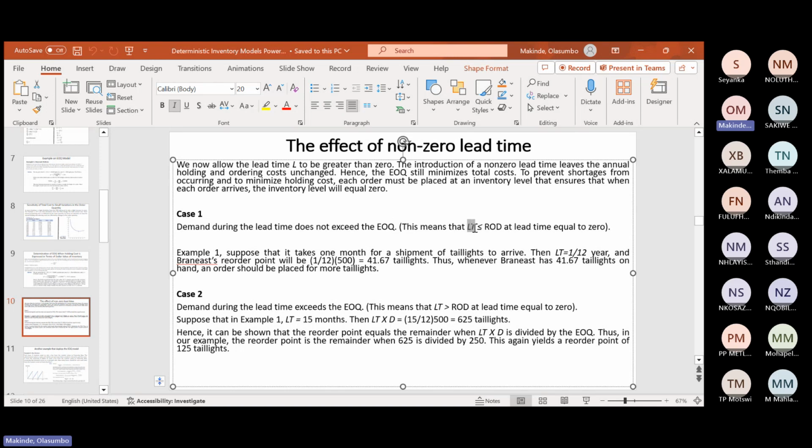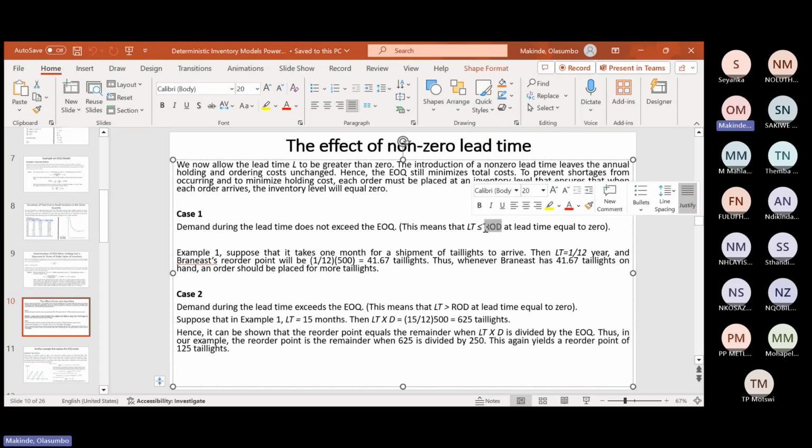What we are saying is you must go and check whether it's case 1 or case 2 that you fall in, depending on the lead time value in your organization to get the order. Look at the value and check whether it is less than the reorder point when the lead time is equal to 0.